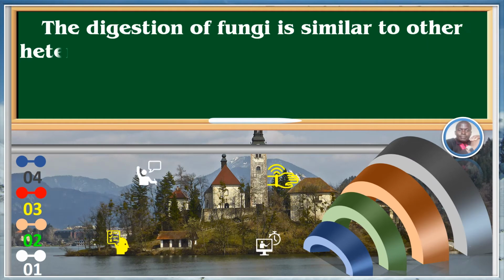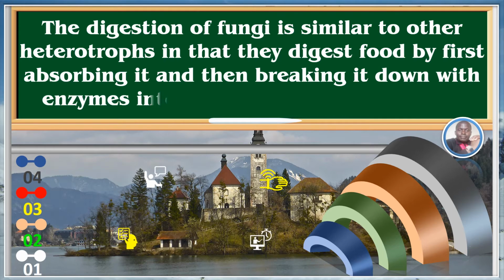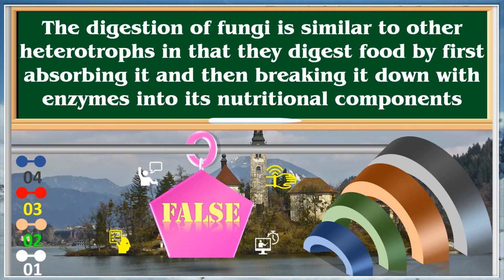The digestion of fungi is similar to other heterotrophs in that they digest food by first absorbing it and then breaking it down with enzymes into its nutritional components. False.